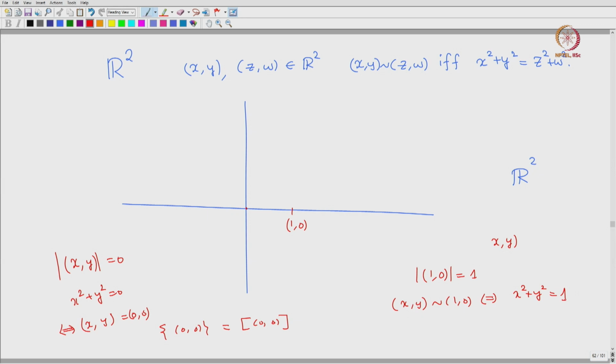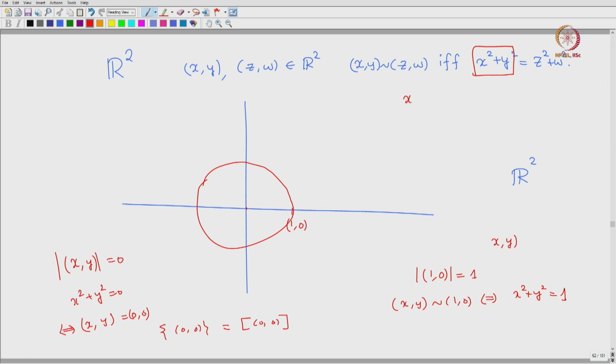That means whatever elements lie on this circle are related to (1, 0), and this is true for other elements as well. If we fix the radius, whatever lies on the circle with that radius will be related to the given element.